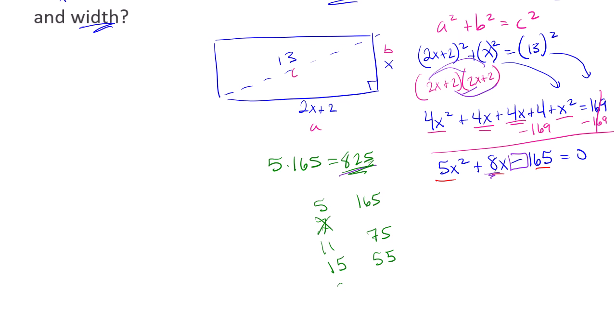See, 22, 23, 24, 25 will work. So 825 divided by 25. Let's see what we get. 33. And 33 minus 25, ding, ding, ding, ding. There's our winner, right?